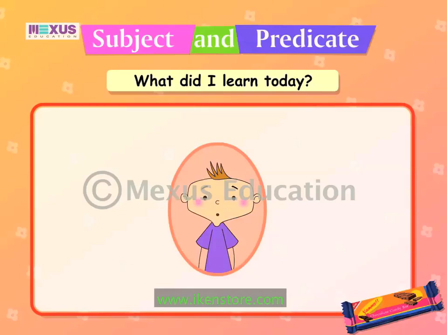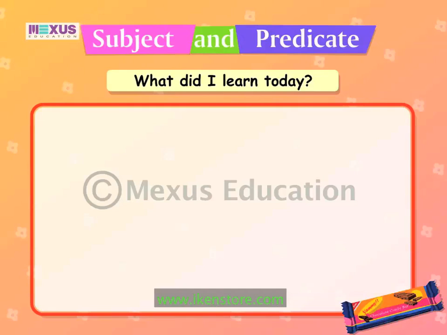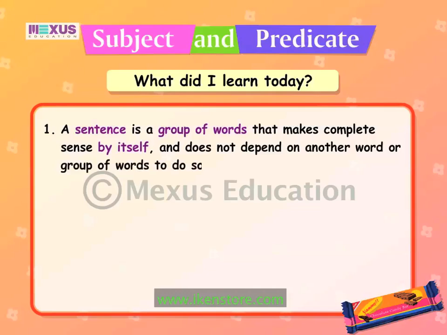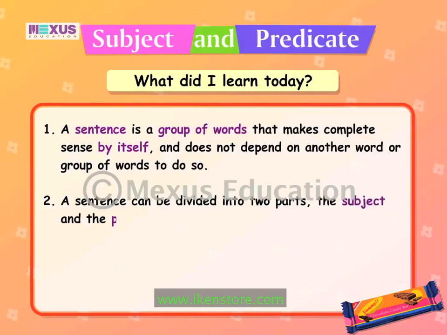Now, let's go through all the points we have learned in the lesson, subject and predicate. A sentence is a group of words that makes complete sense by itself and does not depend on another word or group of words to do so. A sentence can be divided into two parts, the subject and the predicate.